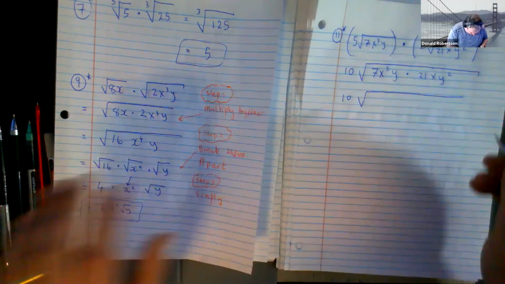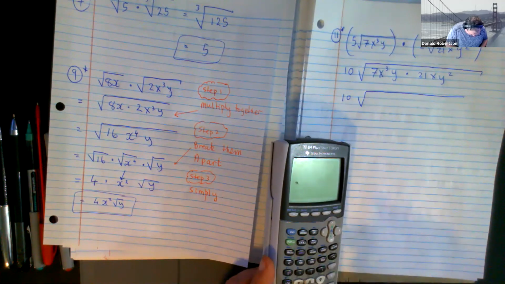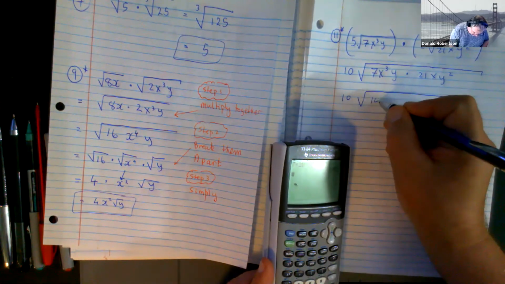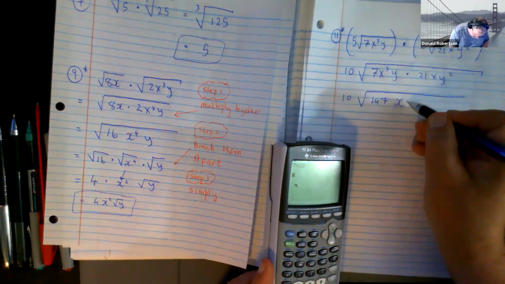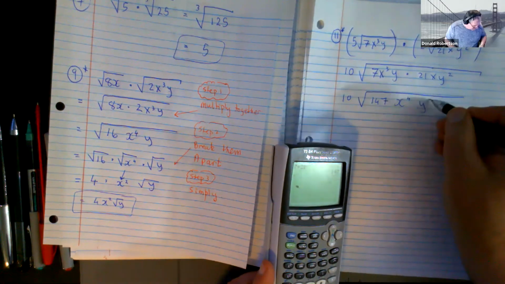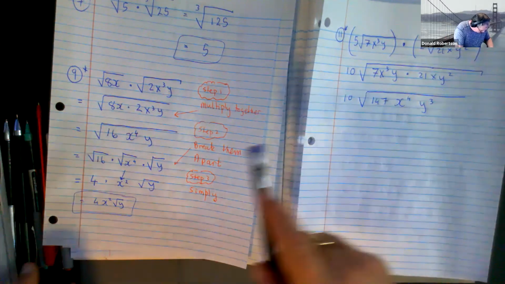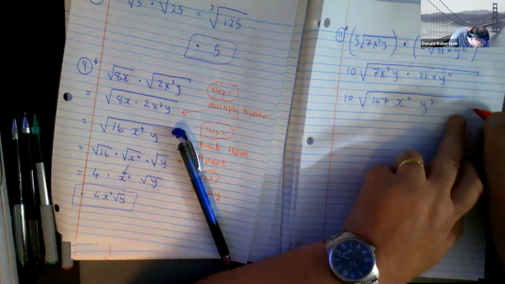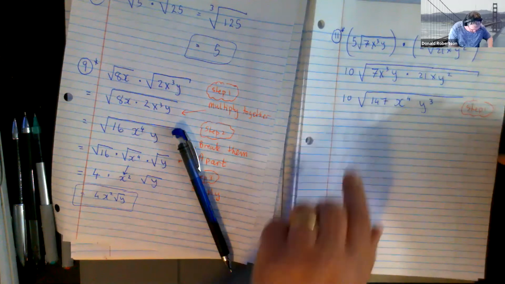And 7 times 21 is a pain in the butt, but I'll do it. 7 times 21 is 147. And x cubed times another x gets me x to the 4. And a y times a y squared gets me y cubed. Okay, that's me done essentially step 1 then. Until you get to this line here, you've completed step 1.